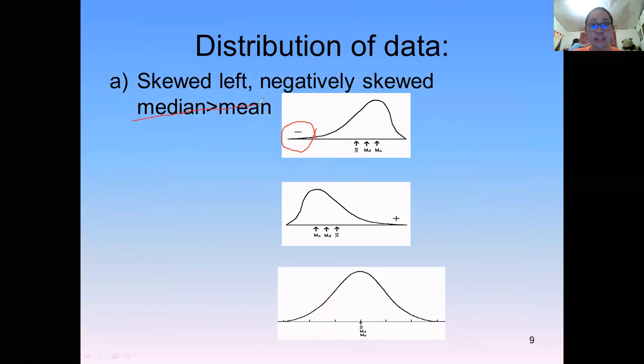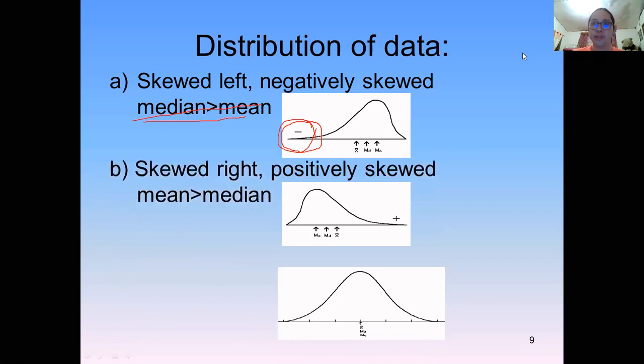When the median is greater than the mean, expect that the graph will be skewed to the left, as you can see. If it is skewed to the left, that means we have a negatively skewed distribution. That will happen when the median is greater than the mean. I hope you can notice that and you will not forget it.